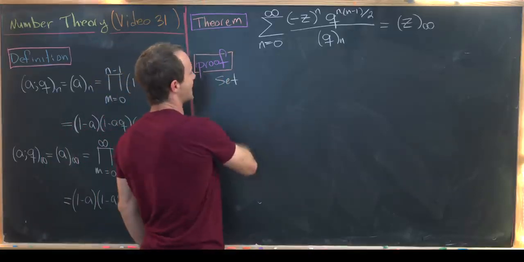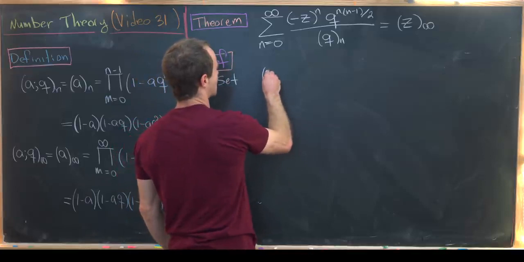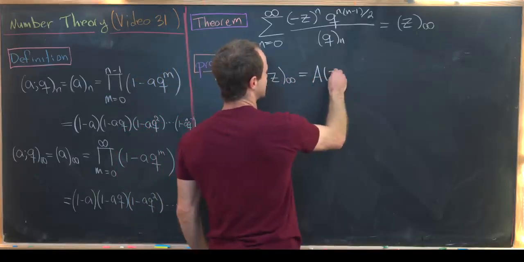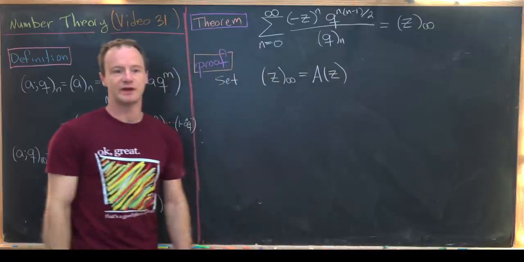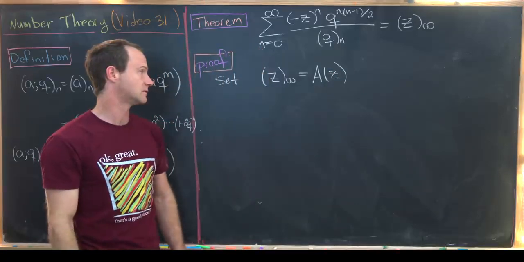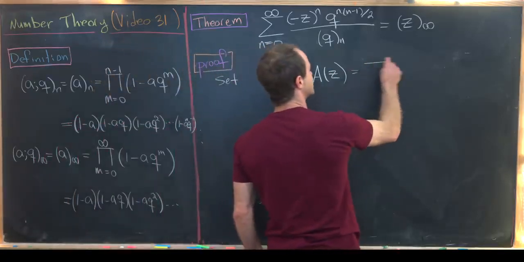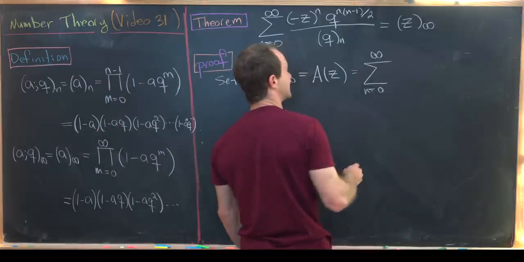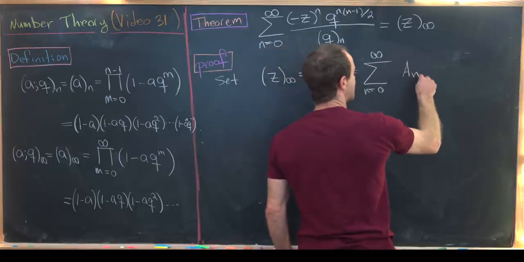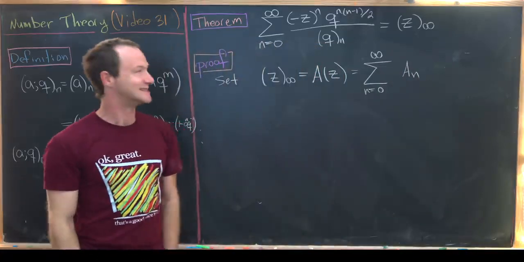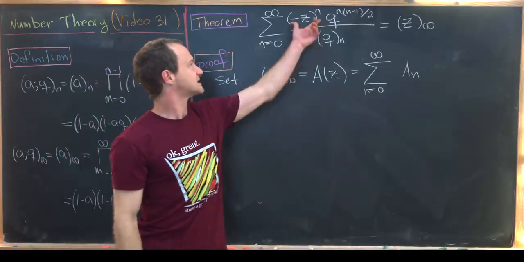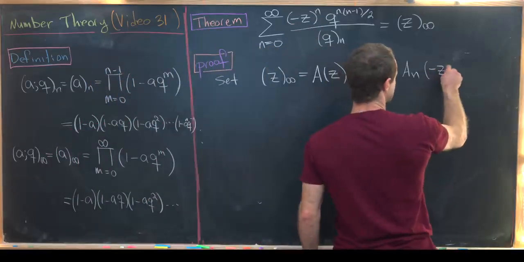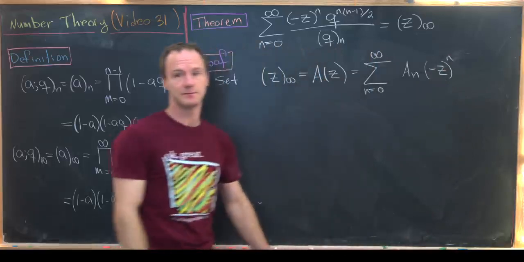So let's go ahead and set our product side (z;q)_infinity equal to, I'll call it A(z) again, just like we did in the last proof. And then this will be the sum as n goes from 0 up to infinity of a_n, and then instead of doing z to the n, being inspired by what we see in the theorem, I'm going to do (minus z)^n, so it's an alternating sum.